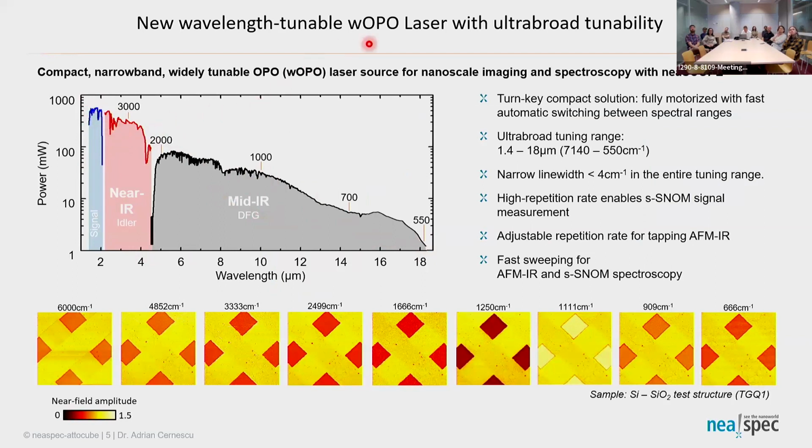For this particular OPO laser, it's possible to tune the emission from about 600 wave numbers up to 7,000 wave numbers. You can see here a material that is actually silicon dioxide and silicon. It's a test sample. And when you map the material at different wavelengths or frequencies, in this case, you see how the material contrast changes.